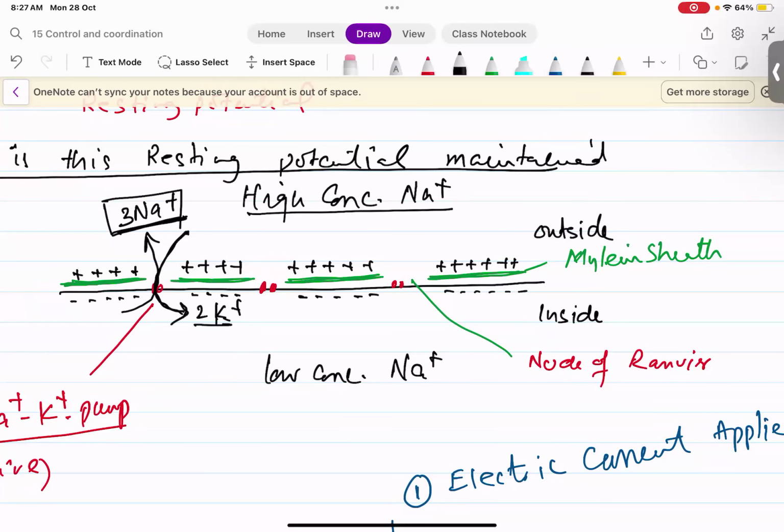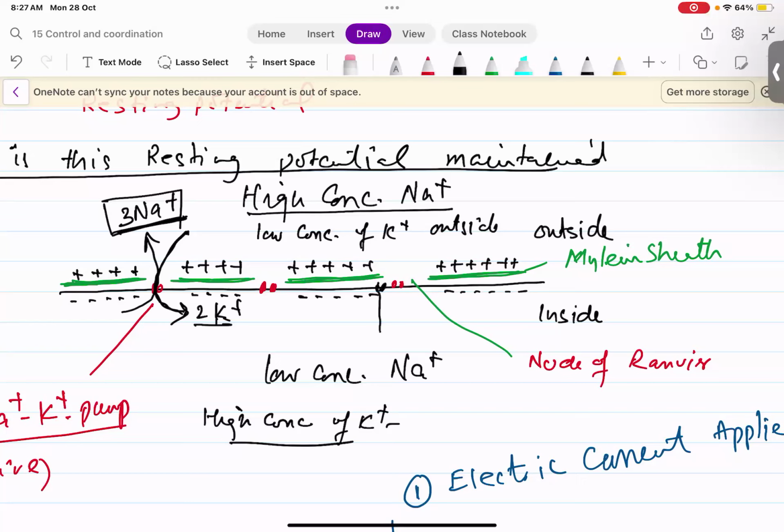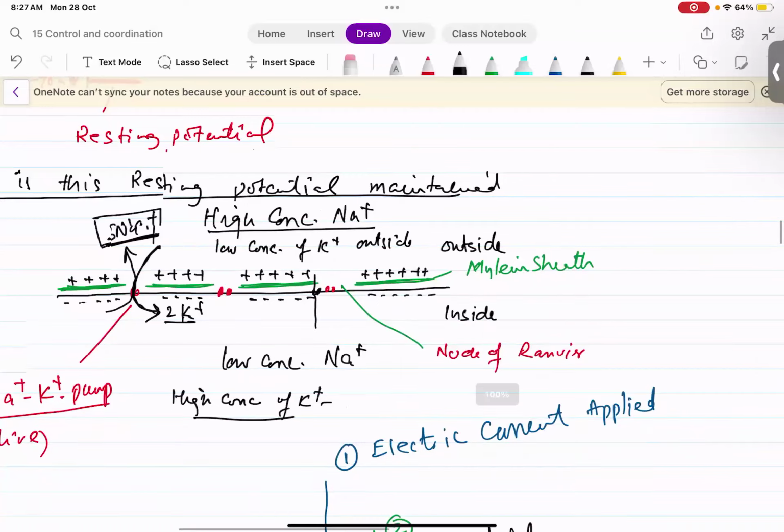So as a consequence, there was a high concentration of potassium ions inside, and a low concentration of potassium ions outside. So when the potassium channels open, the potassium goes out at this point.